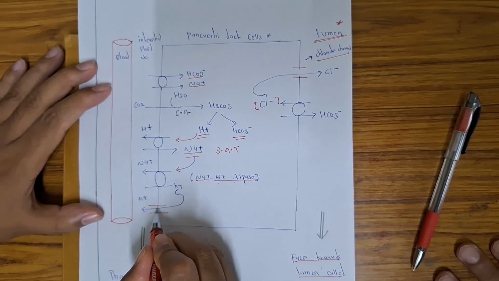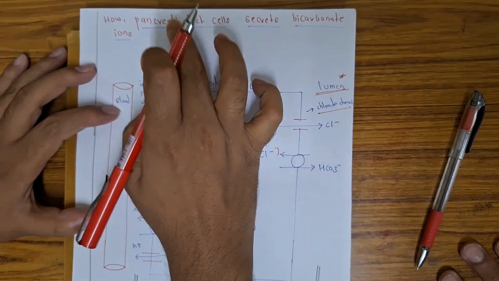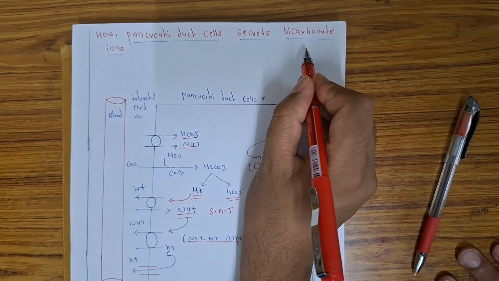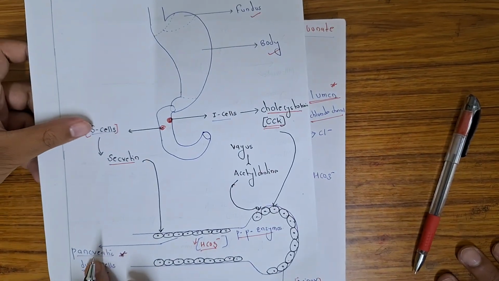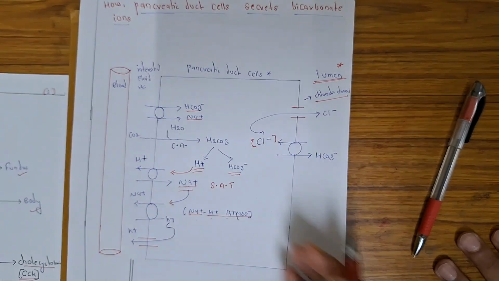This is the way pancreatic duct cells secrete bicarbonate ions. Thank you.